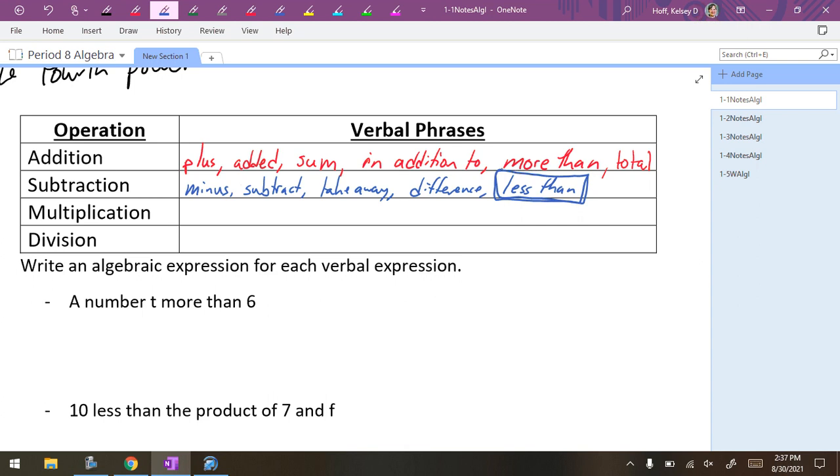Good job. How about words for multiplication? Times, multiplied, or multiply. There's another one. Small word. Starts with an O.